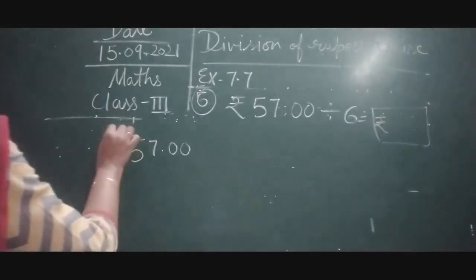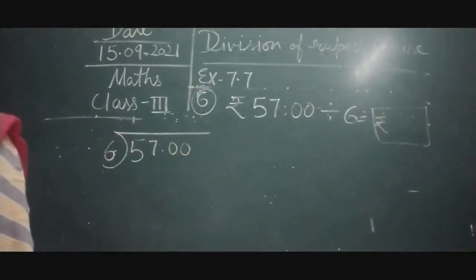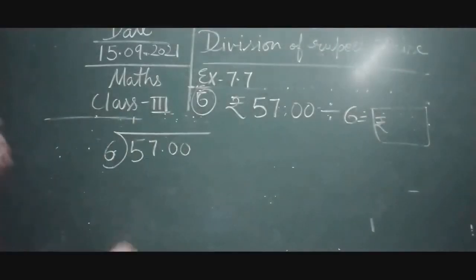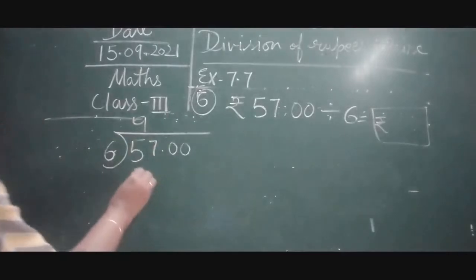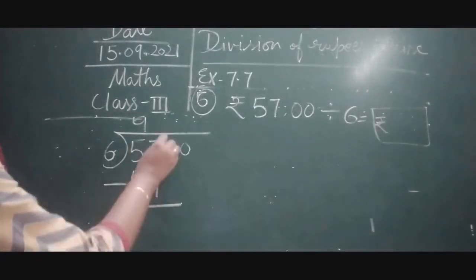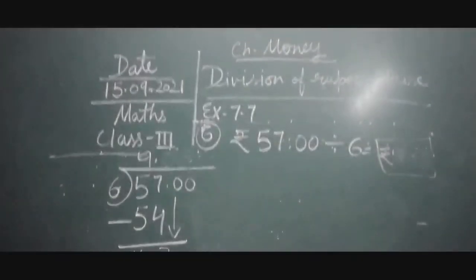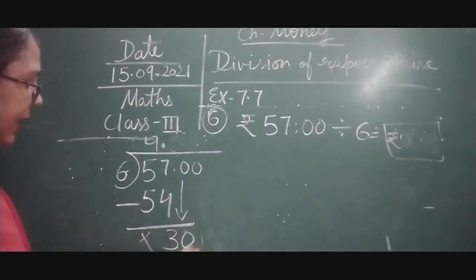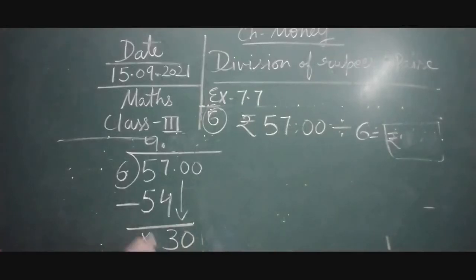Now children, we will tell the table of 6. So 6 9s are 54. Okay, we're just going to divide. So children, here you can see we are going to put a point. Now after that we will just drag this 0.